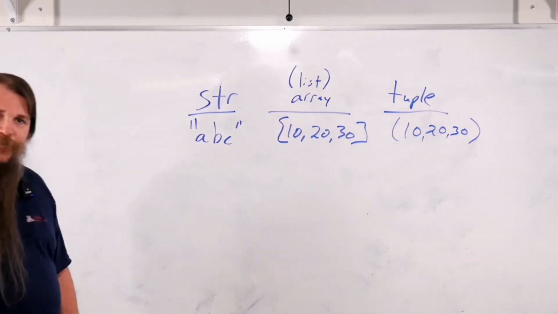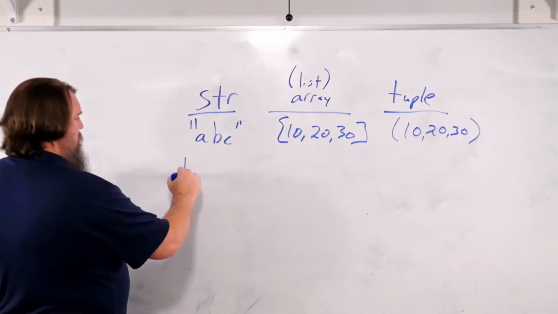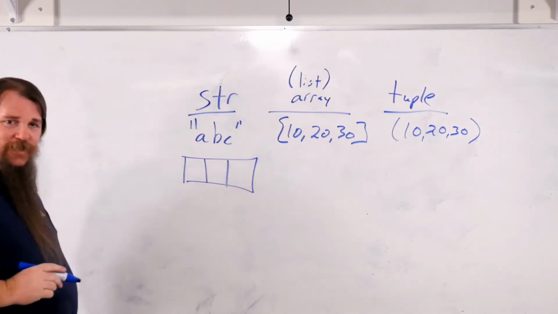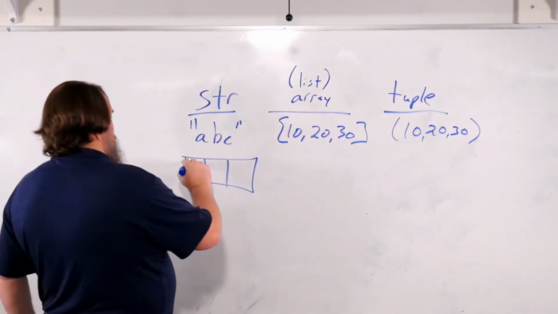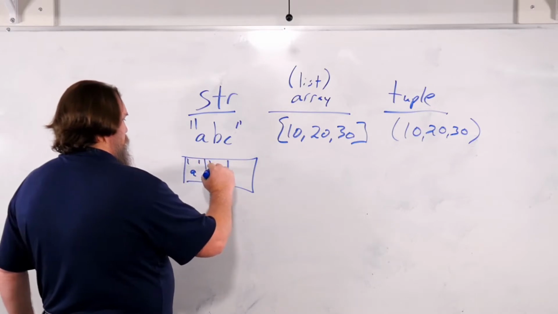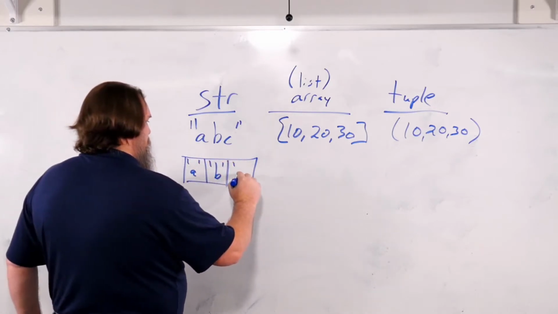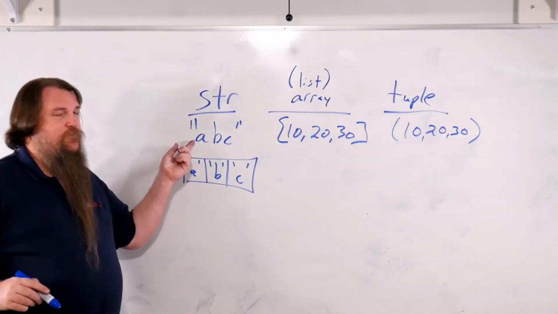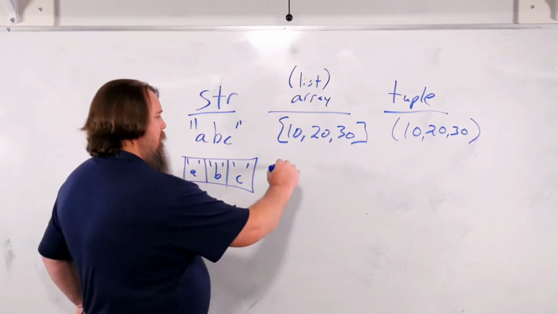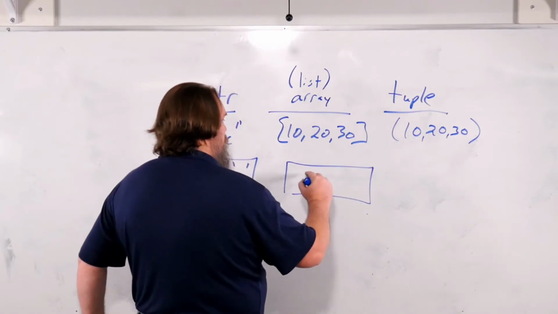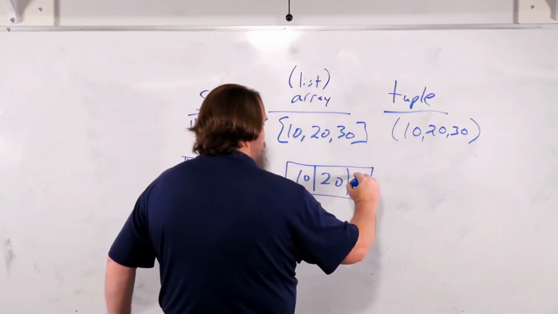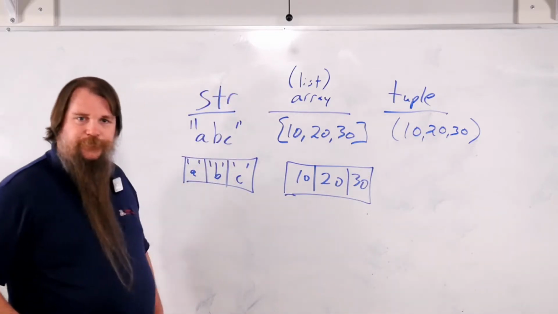All right, so all three of these are the same basic data structure. I mean, Python gives them different names, but when you think about the core computer science concepts, they're all basically the same. This is three boxes in a row that contain the three characters A, B, and C. This is three boxes in a row that contain three integers, 10, 20, and 30.